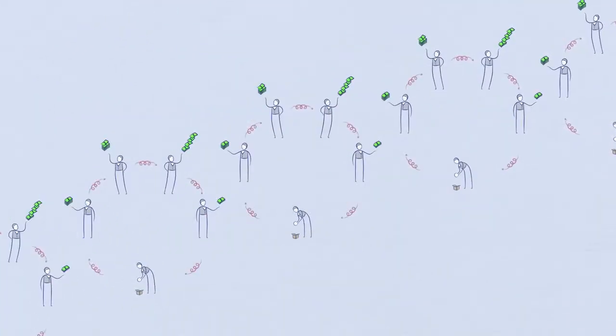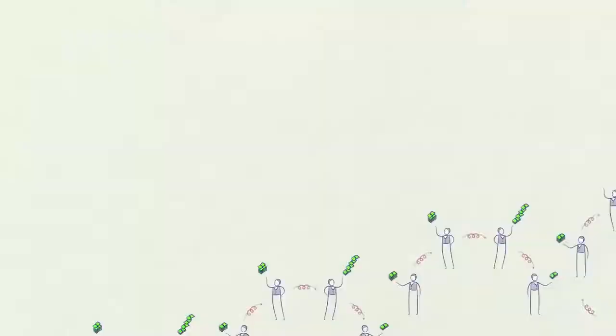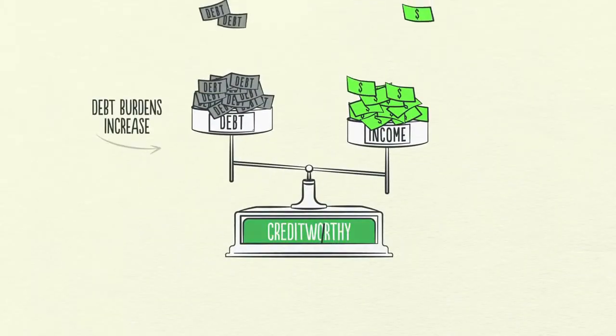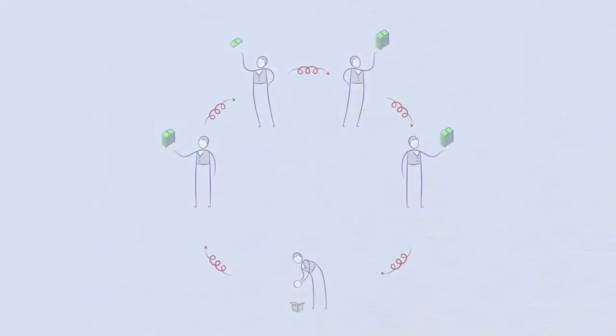But this obviously cannot continue forever. And it doesn't. Over decades, debt burdens slowly increase, creating larger and larger debt repayments. At some point, debt repayments start growing faster than incomes, forcing people to cut back on their spending.